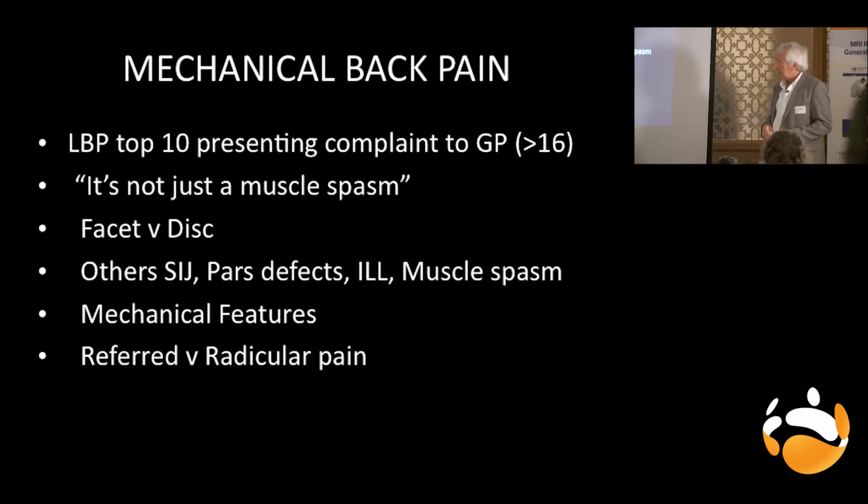We're going to look at the difference between mechanical back pain and non-mechanical back pain, and that's really important when we come into red flags. We have to establish whether pain is aggravated by movement or aggravated by certain mechanical things. And referred and radicular pain, well, does the pain go below the knee? What's the nature of it? What are the clinical examination features?